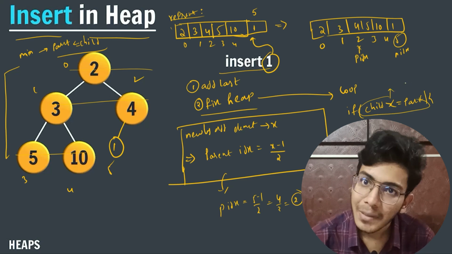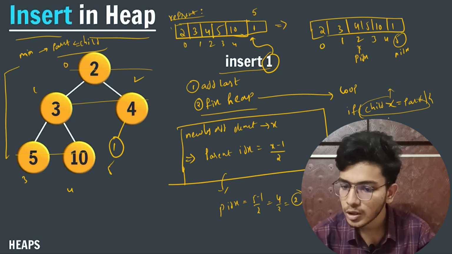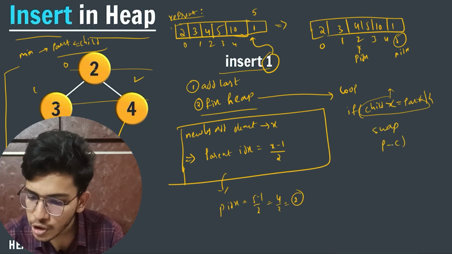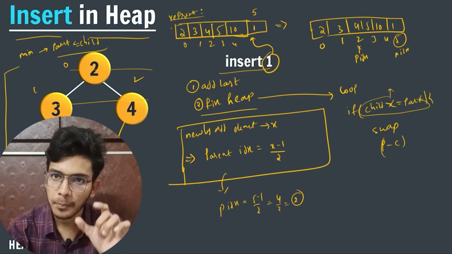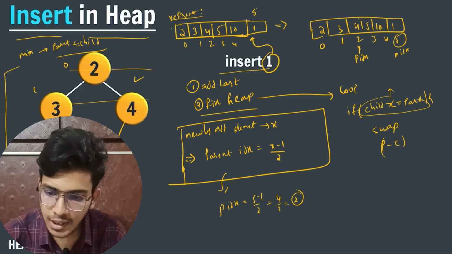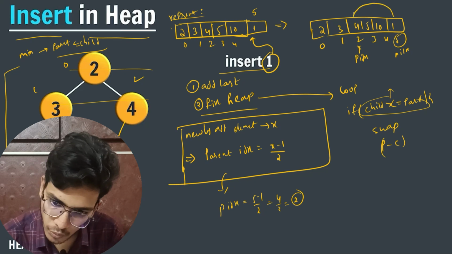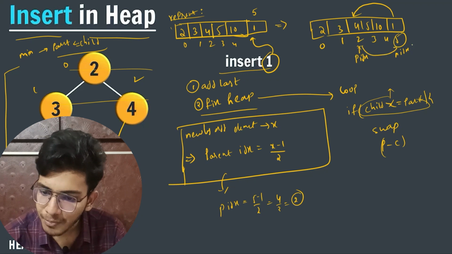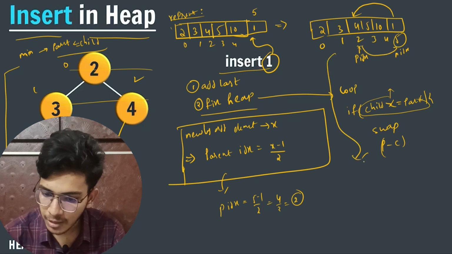It is not a min heap, so I need to fix it. So I will swap the parent and child elements. Basically, the 4 will come to the child position and 1 will go to the parent position. So my array will become something like this.